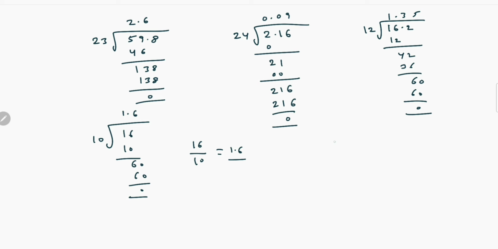No problem. Put 10 here, 16 here, 0 point. Why 0 point? Since 10 is less than 16. 16 5s are 80, 16 6s are 96, 16 2s are 32. 16 5s are 80.